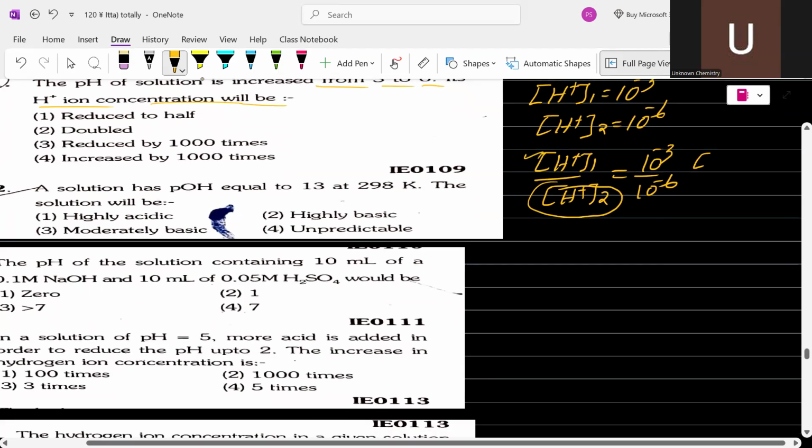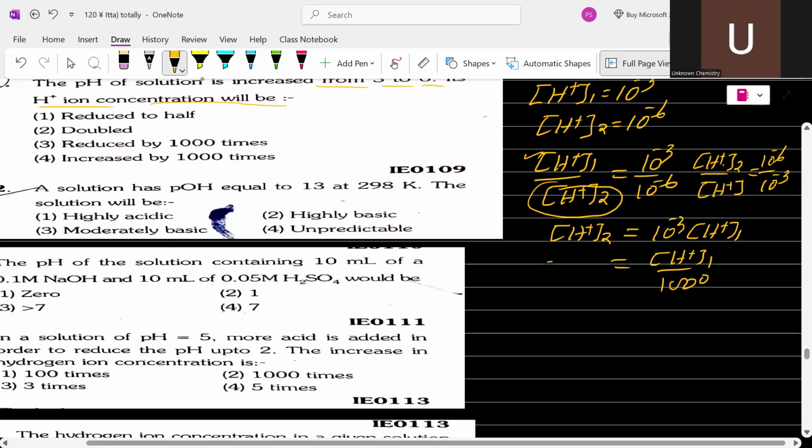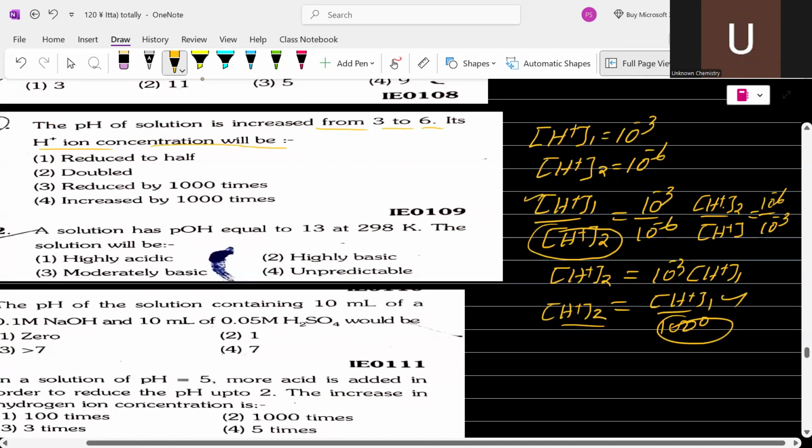It will become H plus 2 divided by H plus 1, equal to 10 raised to power minus 6 divided by 10 raised to power minus 3. So the final concentration is equal to 10 raised to power minus 3 into H plus 1. The final concentration is H plus 1 divided by 1000. The final concentration has been reduced from its initial by 1000 times.